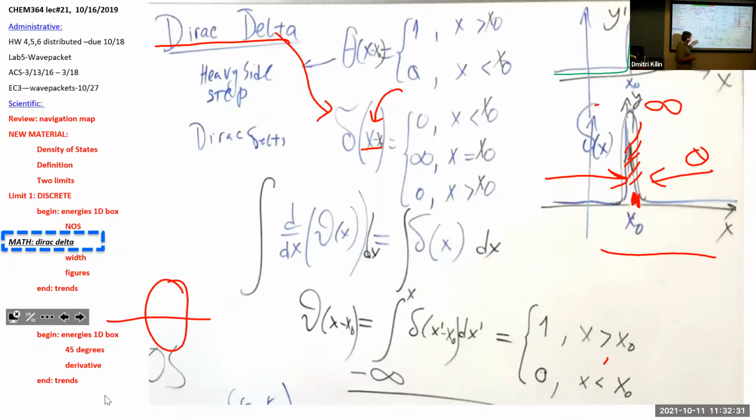The integral of delta will be theta, and the opposite: if one takes the derivative of the theta function, one will get the delta function. One shouldn't try to do it; it's just definitions. There are two functions connected by calculus procedures, integration and differentiation, which correspond to a step with a discontinuity of 1 and an infinitely tall peak. Enough? Good. Okay.